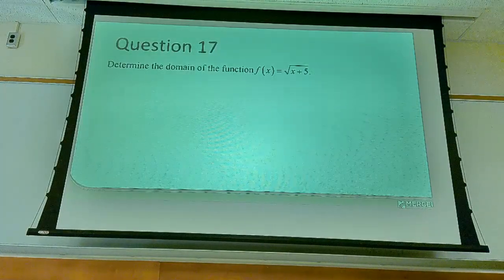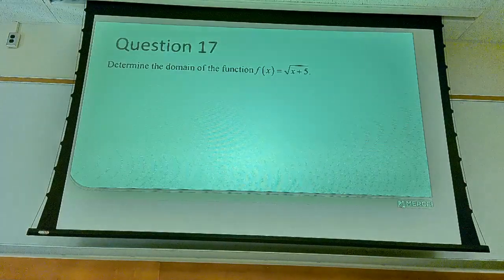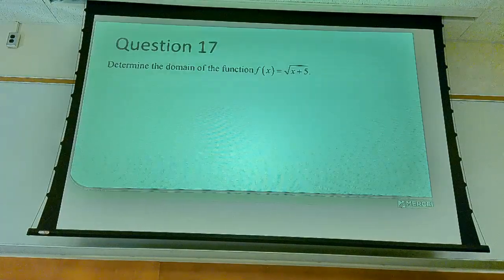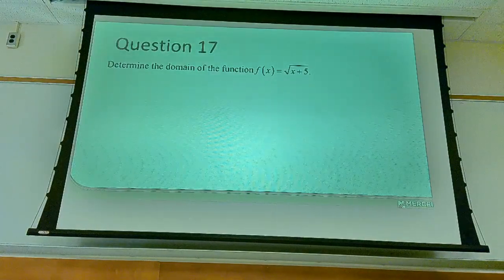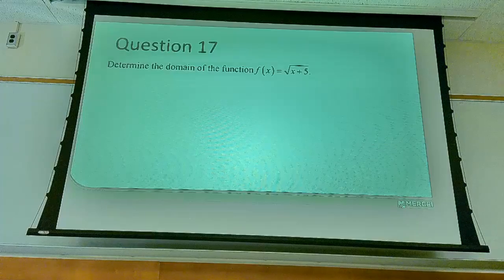Here we have a radical. No denominator. So we have to ask ourselves, what's the index? 2. Index is 2, it's a square root. Is 2 even? Yes.